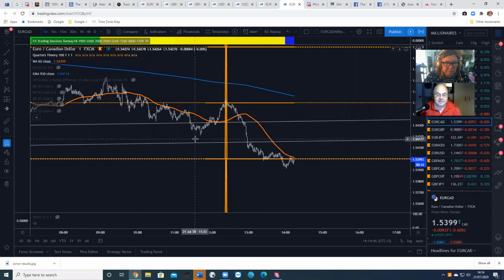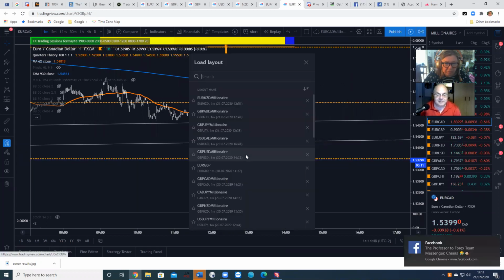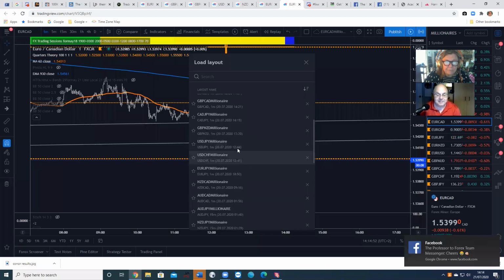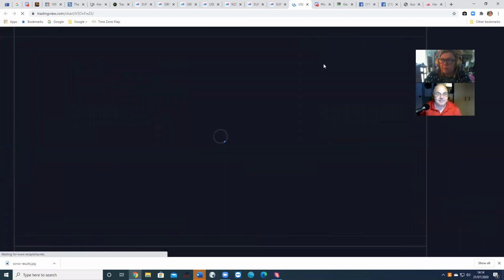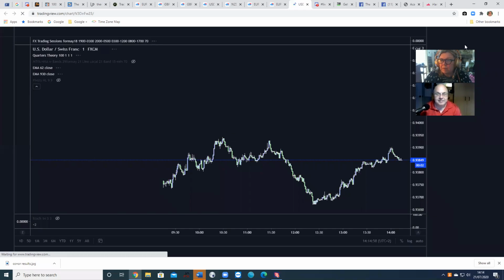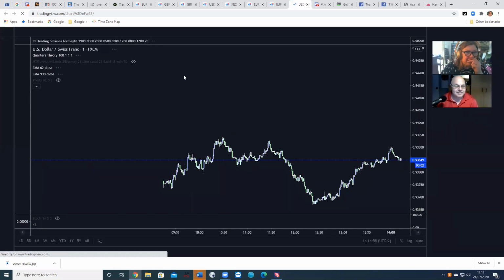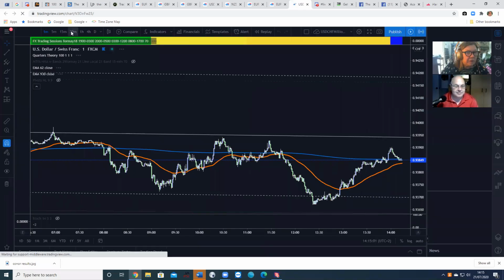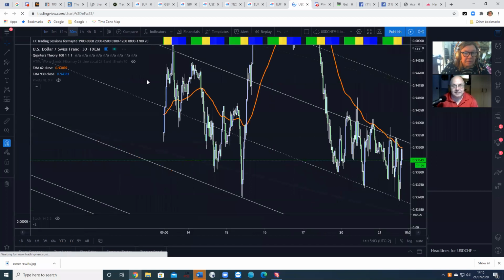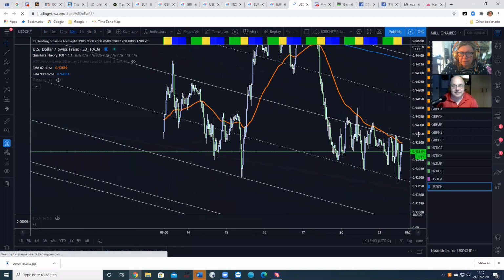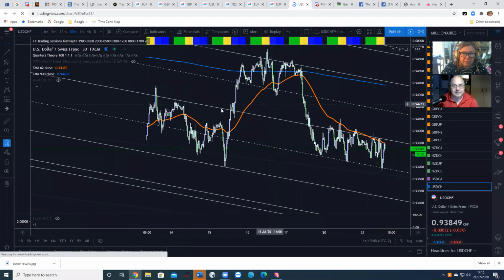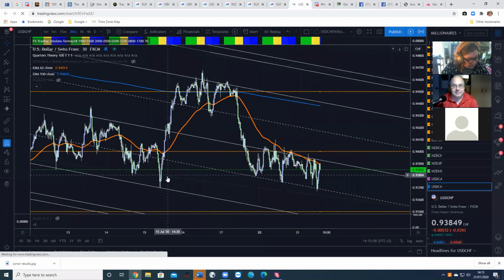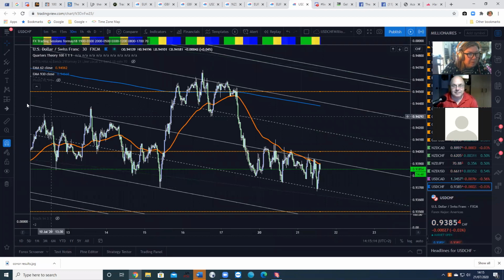USD Swiss franc, here. We'll just quickly do this one, then we can move through the pairs. So 30 minutes, make sure the time frame is the same as on the scanner. And we want 15th of July at 10, which is going to be there.